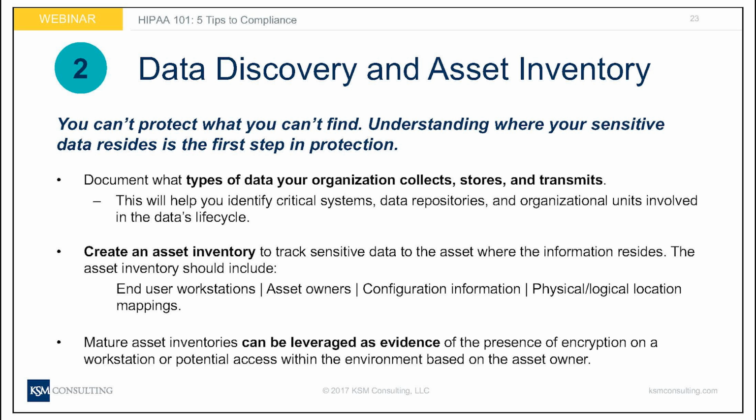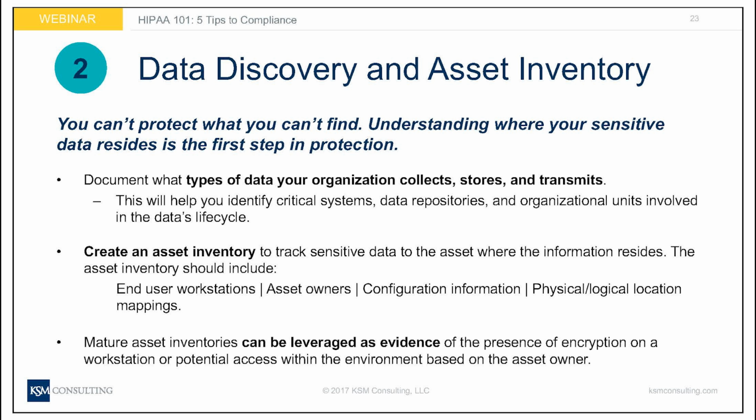One of our most recent clients had a scenario of a lost laptop, and the OCR was brought in, and we were there to help assist our client. Because the client's asset inventory was strong enough to show exactly who that laptop was assigned to, what system-level access that person had, and that the machine had full disk pre-boot authentication encryption in place, we were able to avoid having to declare a breach.